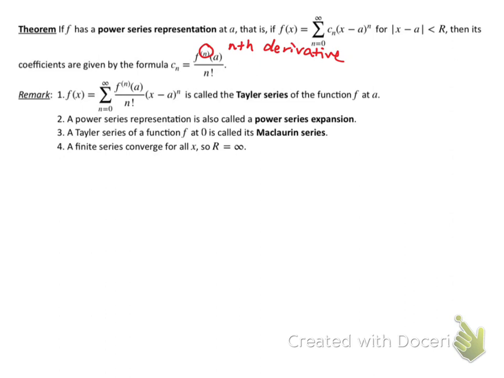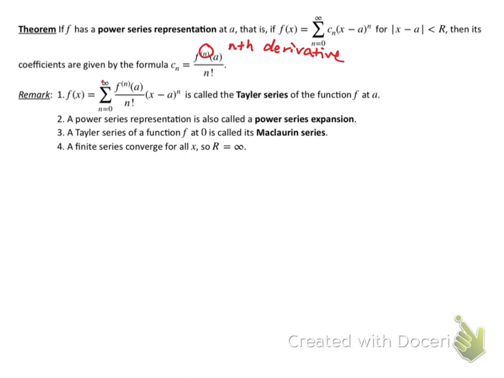Now finally, if you have a finite series, which means it doesn't go all the way to infinity, you have maybe up to x to the 10th power, maybe you have x minus 2 to the 20th power, that's it. But as long as it's a finite series, then it converges for all x's, which means r, the radius of convergence, is infinity.